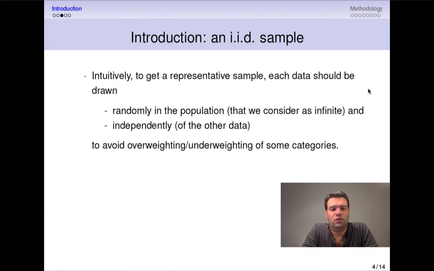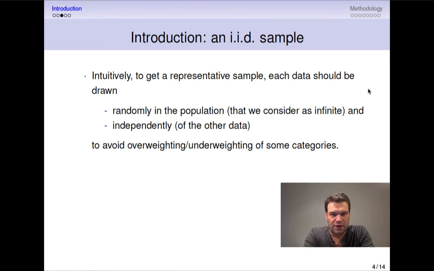Thus, in this video, we try to roughly understand first, and more rigorously after, what is an IID sample, what is a sample which has this IID property. All the random variables in the sample are independent and identically distributed.